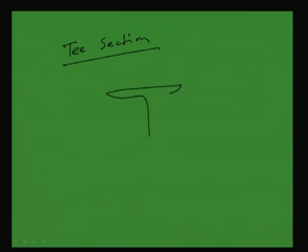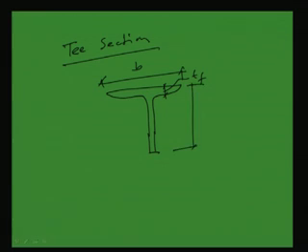Another section we use is the T section. Okay, we do not have much time, so I will not go into details, I will just show the T section, other sections I will not show. So say suppose a T section, right. In case of the T section, this is the width B and this is the thickness of flange, right, and this will be H, the depth of the section, right, and in this way we can find out.